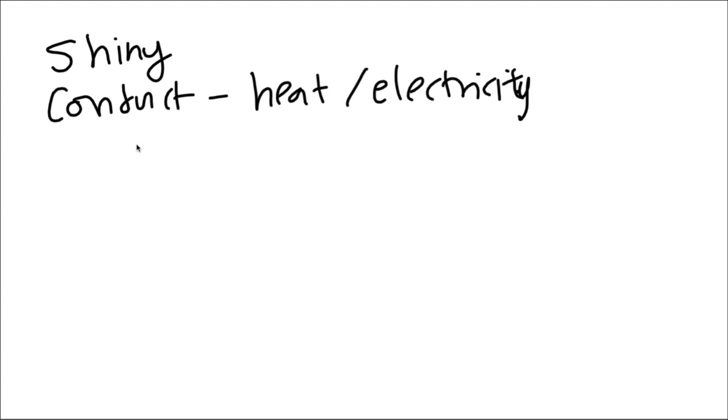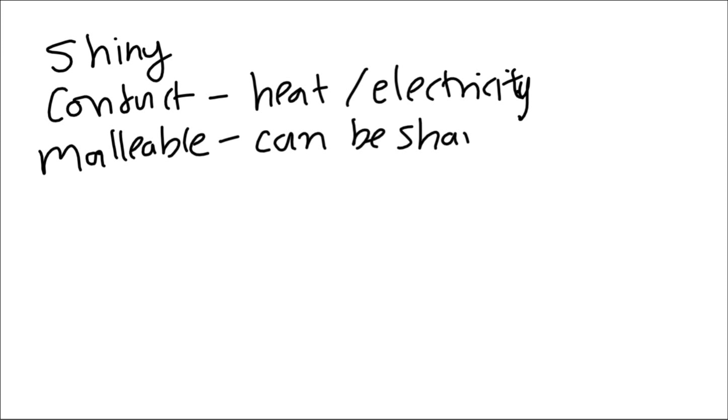I should say electricity. They are malleable, which means we can hammer them into shape basically, so it can be shaped. And they are also ductile. So this is stretching them into wires.